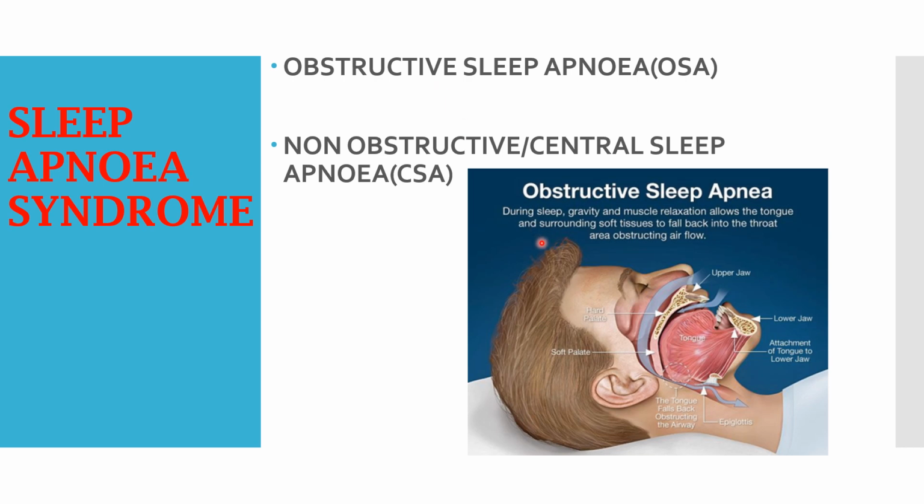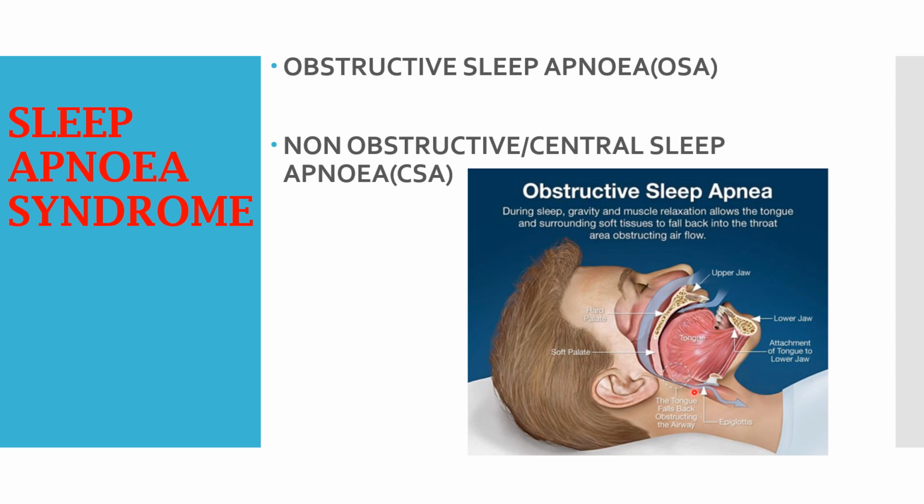So in this picture you can see, during sleep, gravity and muscle relaxation allows the tongue and surrounding soft tissues to fall back into the throat area, obstructing the air flow. So the tongue and other soft tissues, that is muscles like that, will be falling back because of gravity and muscle relaxation, which causes obstruction to the air flow.